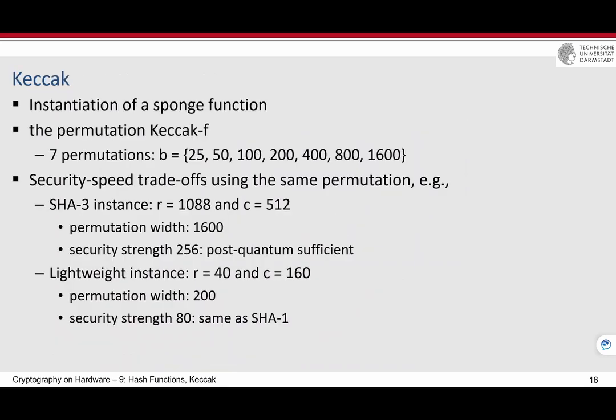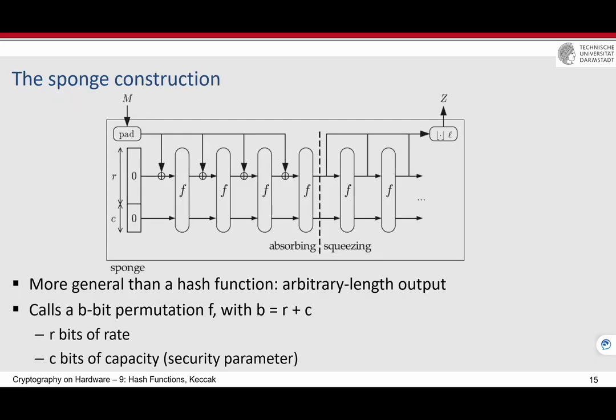There are different sizes or instantiations of the sponge function, called the permutation Keccak-f, and there are 7 different versions with B equals 25, which is almost a toy example, up to 1600. B is the entire size of the input and the output.